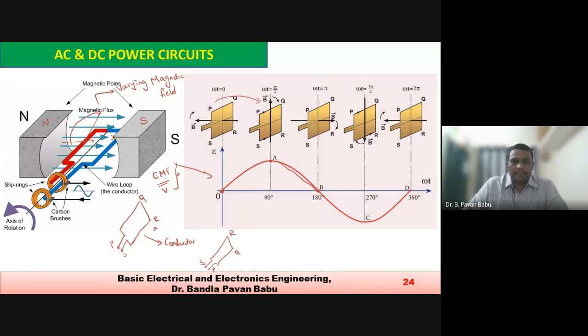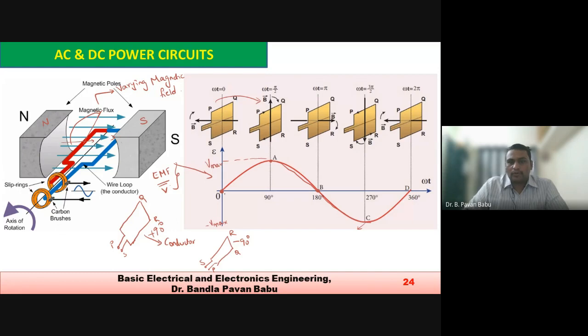This is for plus 90 degrees, and this is for minus 90 degrees. Now the magnitude is maximum in the opposite direction, so it is minus Vmax, and here it is plus Vmax.